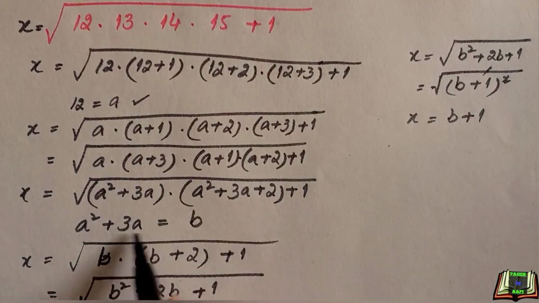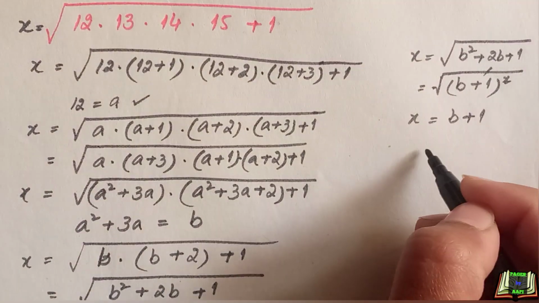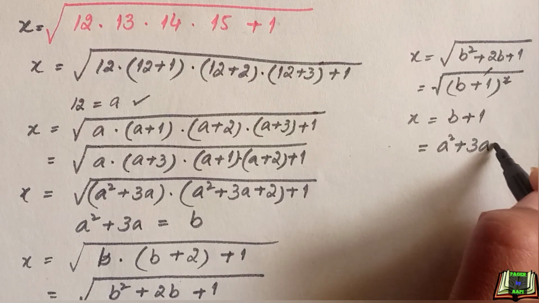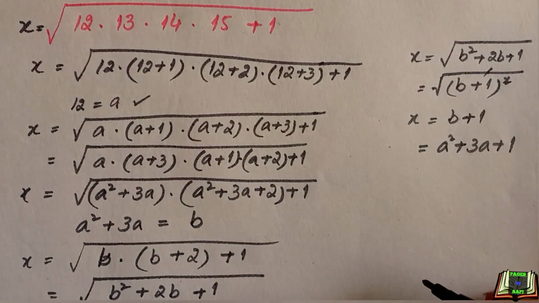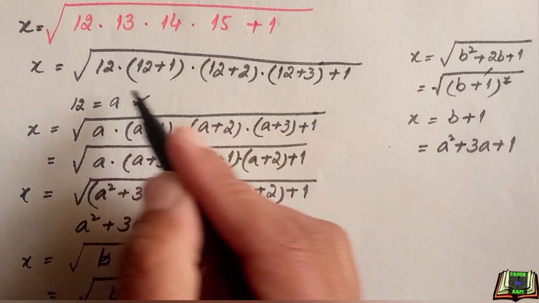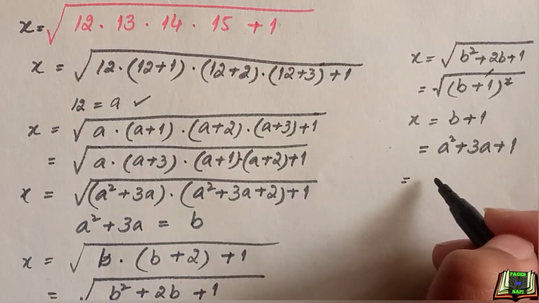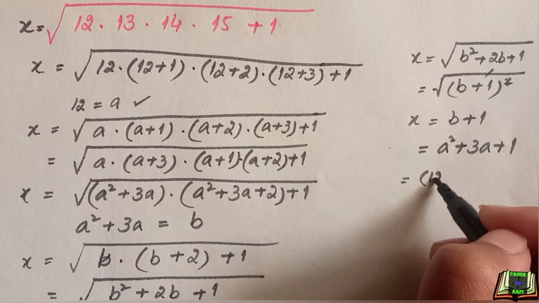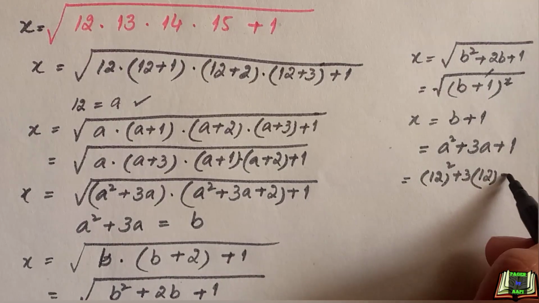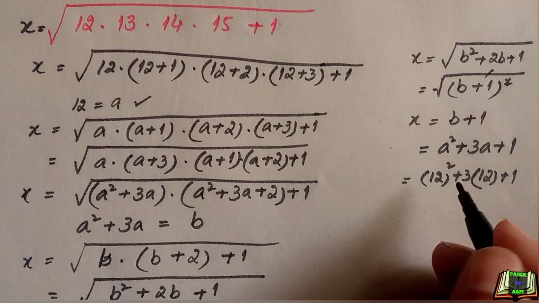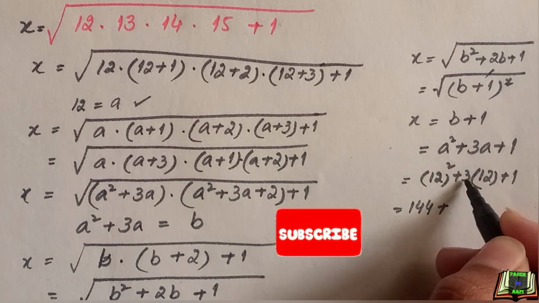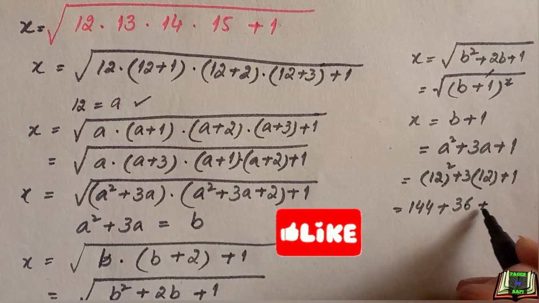Now we are going to put the value of b, which is equal to a square plus 3a. So that will be equal to a square plus 3a plus 1. Now putting the value of a, that was 12, in that equation, that will be equal to a square, meaning 12 square, 3 times 12, plus 1. 12 square means 144. 3 times 12 is 36, plus 1.